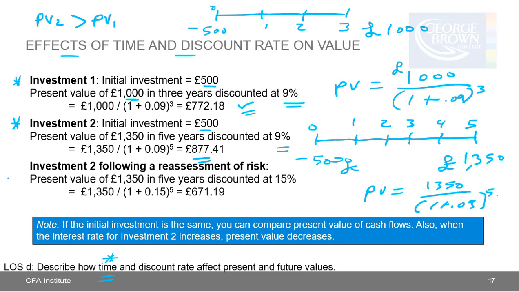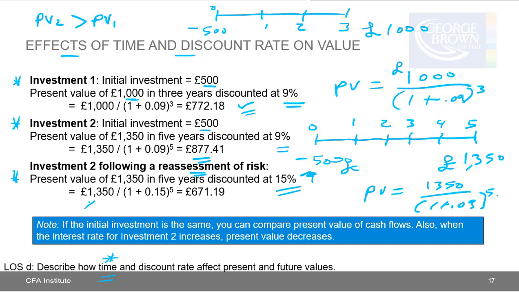Now, but the example in the text is saying, wait a minute, maybe there's been a reassessment of risk, in which case you decide that investment number 2 is now looking to be more risky. So as you increase risk, you increase the discount rate or interest rate, and now you've determined that you should use a discount rate of 15%, okay? So you want to recalculate the present value.